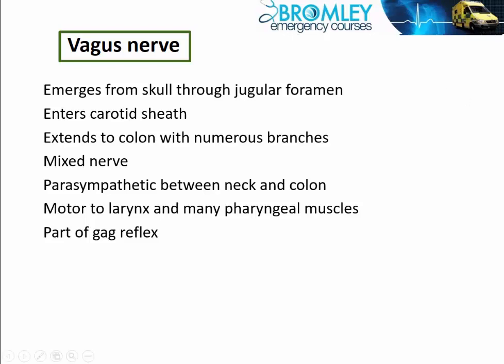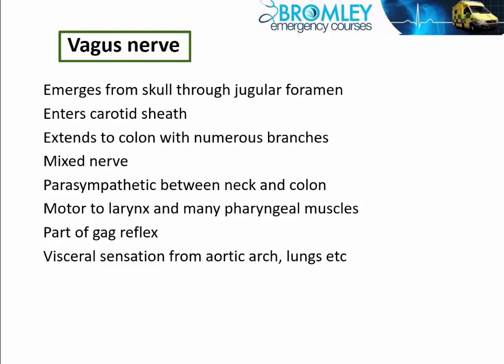So that's the motor. It's also got some special sensation. We talked about how the glossopharyngeal nerve has special sensation from the carotid body, the sensation of blood gases, PO2, PCO2. Well, the vagus also has a similar function to the sensors in the aortic arch. So these are your peripheral chemoreceptors, part of your respiratory system, and they're provided by the vagus, the aortic arch.